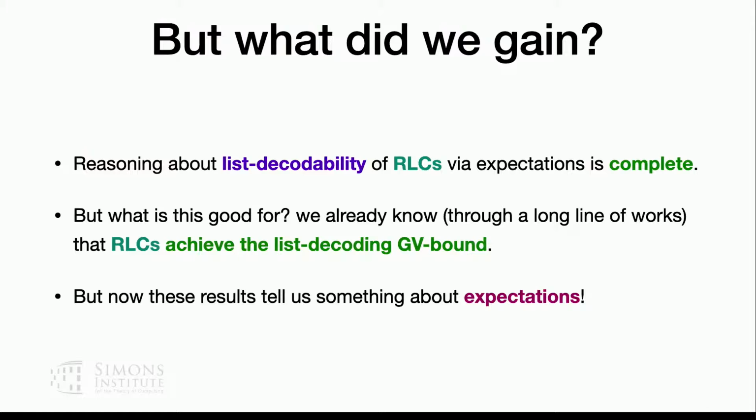Because if I know for some other contrived reasons that a random linear code achieves the list decoding GV bound, then that means that for every witness distribution, there exists some matrix B such that the expected number of tau B's in the random linear code is small. And this is something I learned now for the threshold theorem. I didn't know that just from these proofs, because these proofs worked in completely different ways, but they all tell me this fact about these matrices, about these expectations of the tau B's.